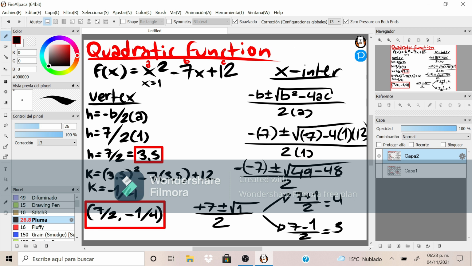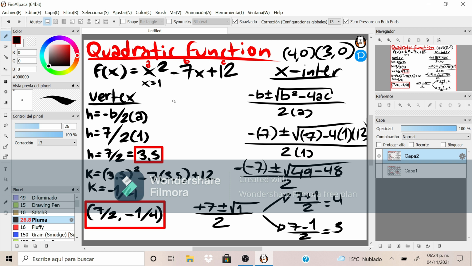So basically, the x-intercept would be (4, 0) and (3, 0). This is our magic one. Okay. Don't roll up your eyes at me, because the good part is that the y-intercept is a lot shorter.